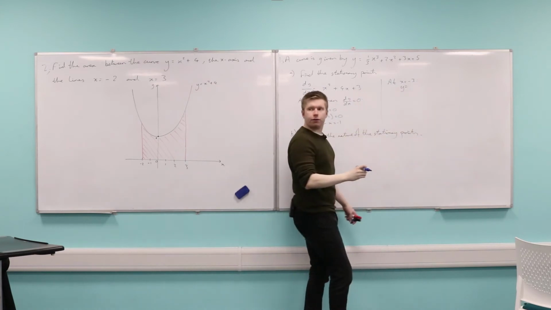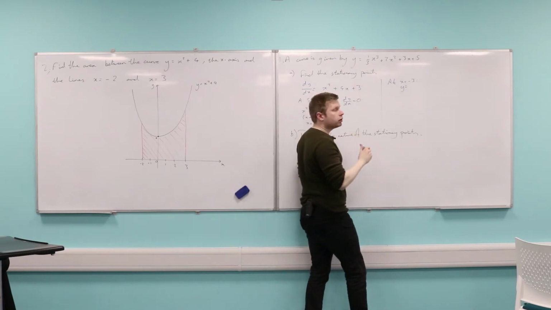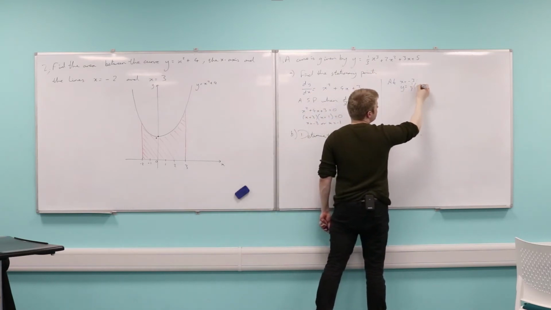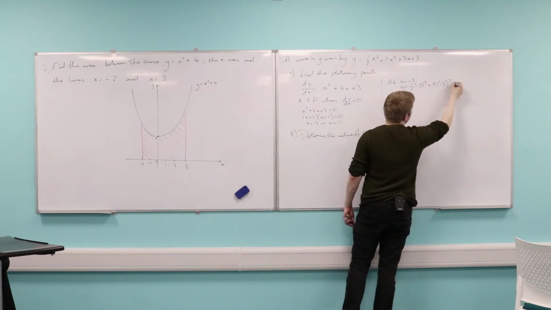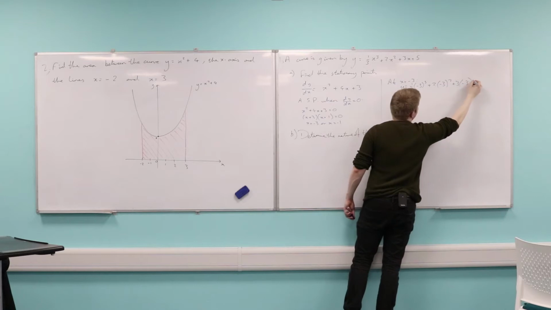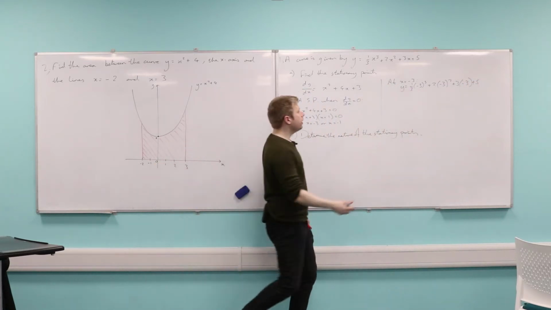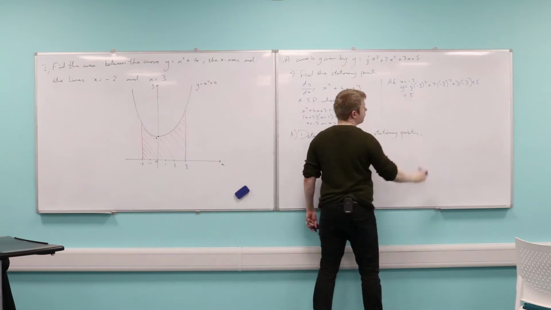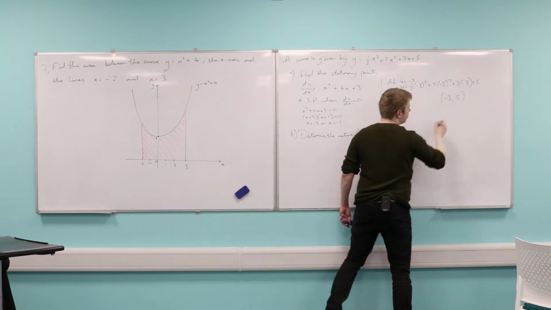So to be on the safe side, show me that you're putting it in this equation. I'd write a third times negative 3 cubed plus 2 times negative 3 squared plus 3 times negative 3 plus 5. Show me what you're doing and then I can give you a mark for it. But yes, I'll believe you, it comes out as 5. So my first stationary point is negative 3, 5.